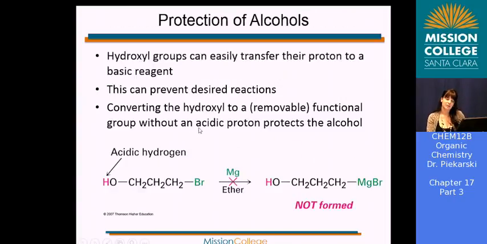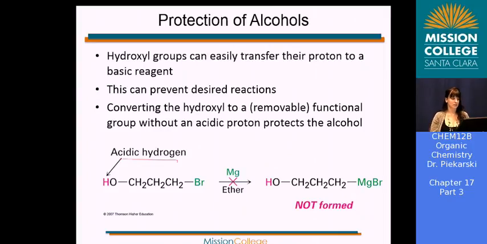Now, if you remember, I talked about Grignards, one of my favorite reactions. They're very sensitive to an acidic hydrogen. You can't have those around, otherwise you're going to end up making a hydrocarbon and not the carbon-carbon bond that you want. Well, there's a way to work around this. Let's say I'm pretty determined I want this to be my Grignard reagent. Then I can't immediately go straight to making the Grignard. I have to protect the alcohol to prevent other reactions from happening, without also losing my alcohol functionality.